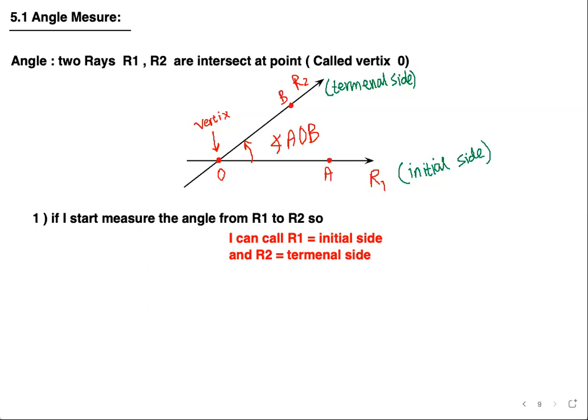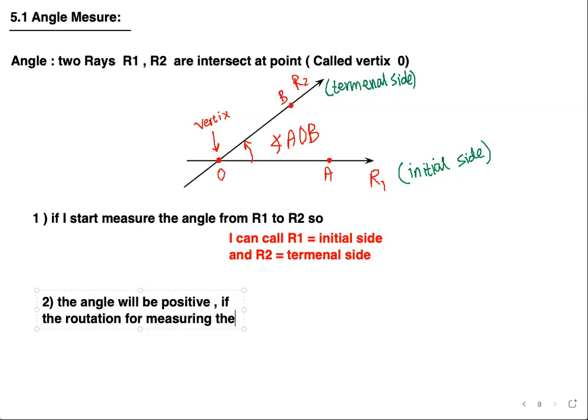Also, I should know when this angle will be positive. So note number two. This note will help you a lot during this section and the next sections also. The angle will be positive if the rotation for measuring the angle is counterclockwise.